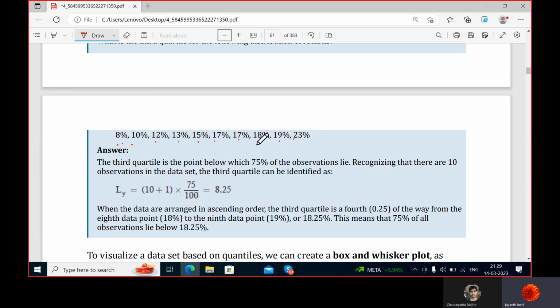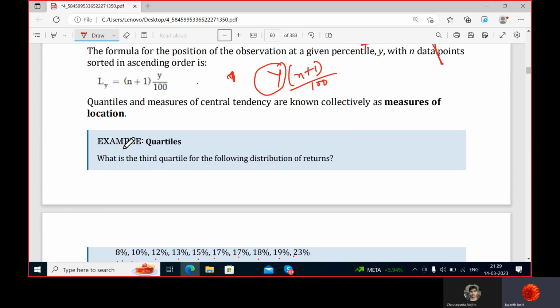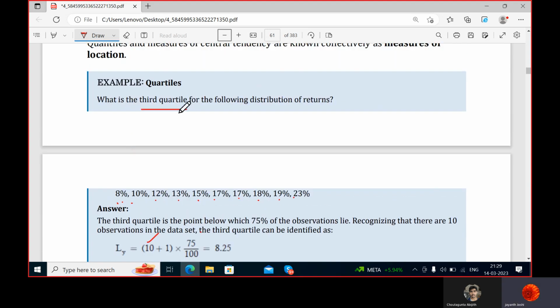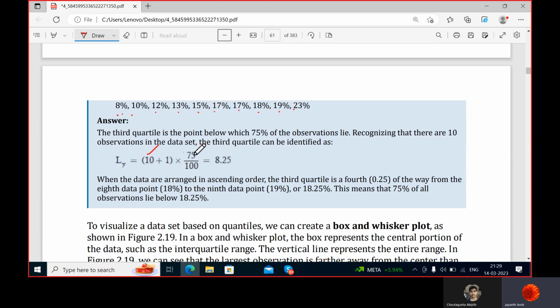Arrange the data in ascending order, count the number of observations, 10 observations, and see what they are asking. They're asking you the third quartile, correct? So for third quartile, what will we use? We know that 75% is the third quartile, correct? It has the 75% data.